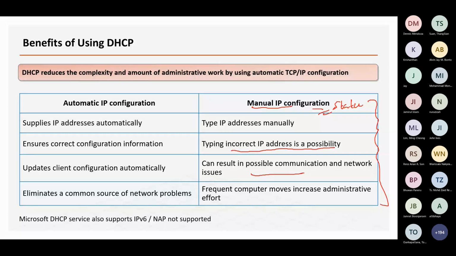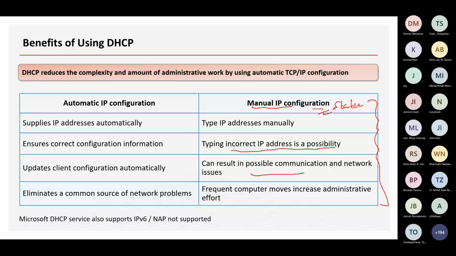Numan is asking a question here: in which scenario can we go for a manual IP address method? Numan, basically, if the complexity of your organization is less, in that kind of situation, you can go for a manual method.